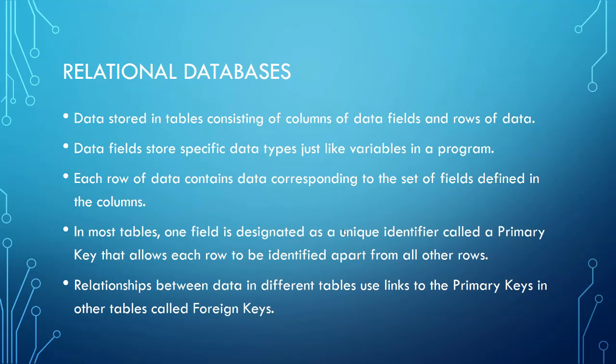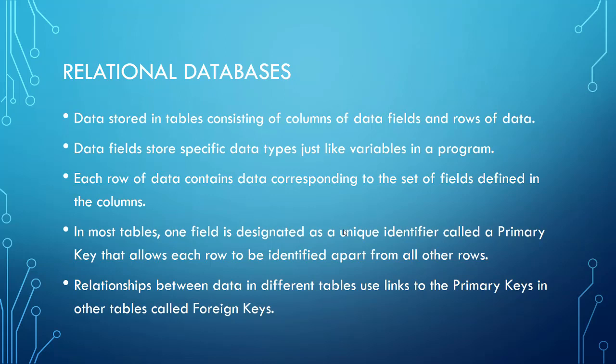Very much like what you would think of in a spreadsheet, where you may have column headings that refer to what kind of data is in that column, and then each row has sets of information that correspond to each of those headers. The data fields store specific data types, very much like variables in a Java program that you're used to in your development up to this point.